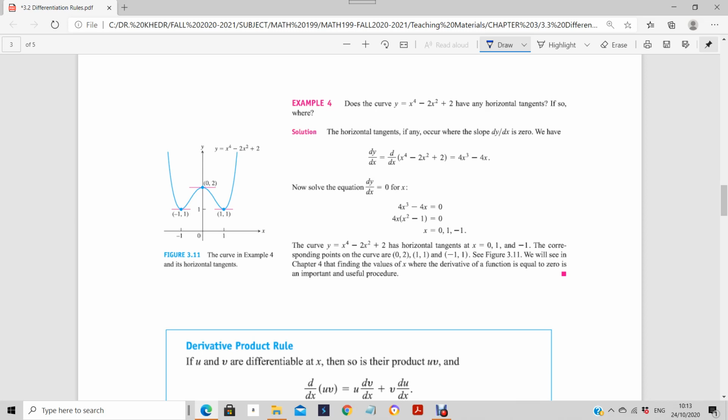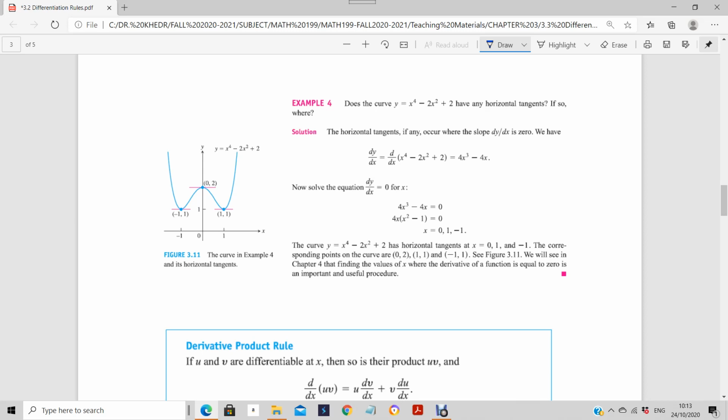Now, we need to solve the equation where this derivative is equivalent to 0. And then you find the values of x at which the derivative is 0, i.e., we are finding the values of x at which the slope of the tangent line is 0. So 4x to the power of 3 minus 4x equals 0.